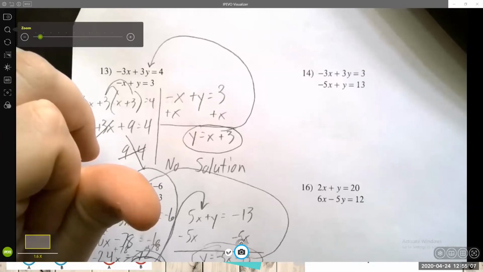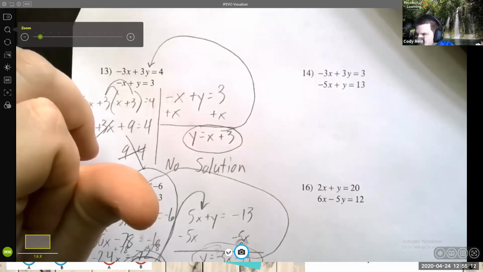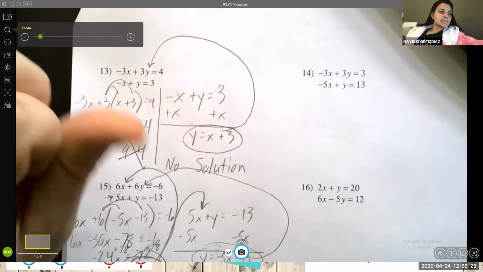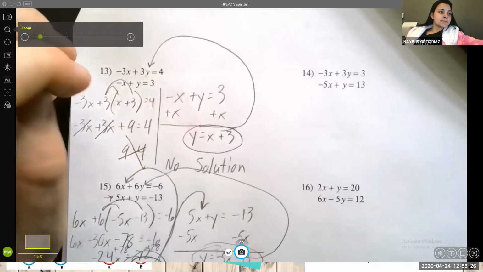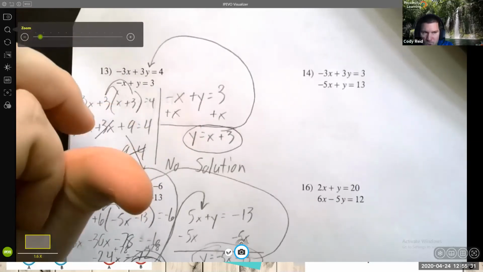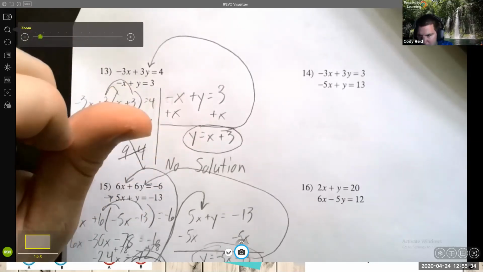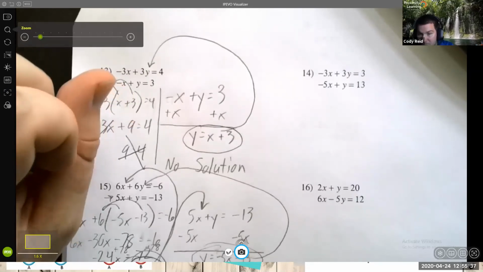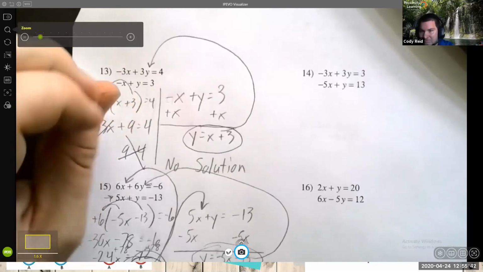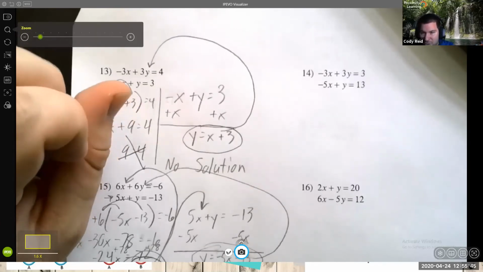My bad. Apparently that did not transition over like it was supposed to. I'll work on that. If you're more comfortable, you can do it on a piece of lined paper. If you want graph paper, I will upload a graph paper template for you to print off, and then you can do it that way.